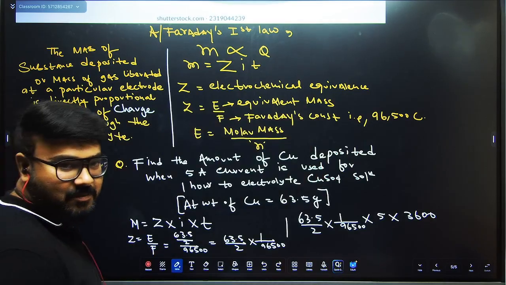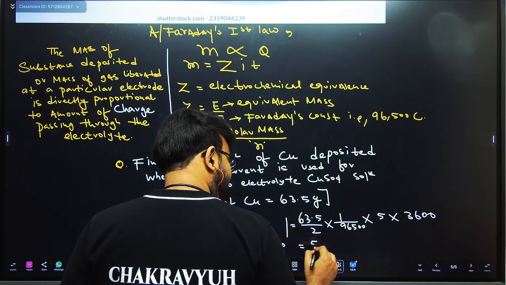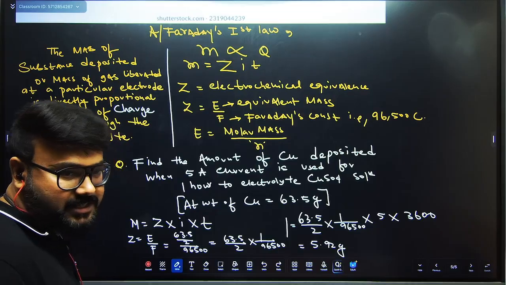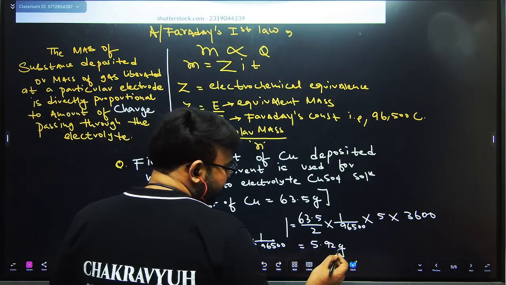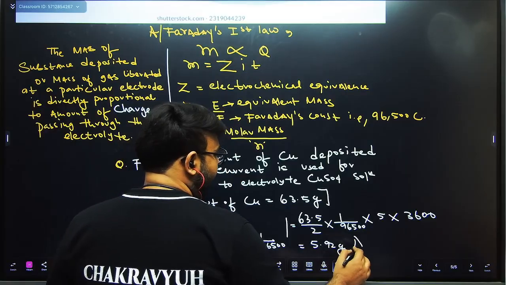Solve this and you'll get 5.92, and those who are not writing units get 0. 5.92 gram is the amount which will get deposited. This is the answer.